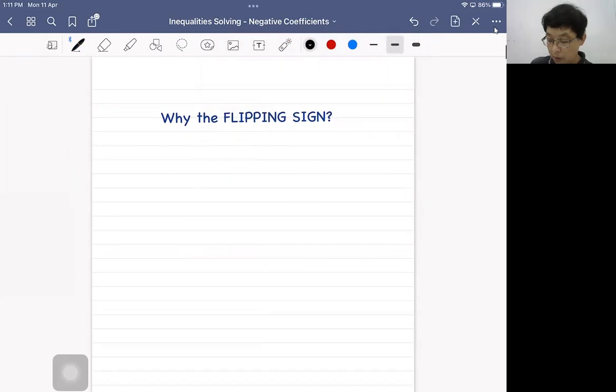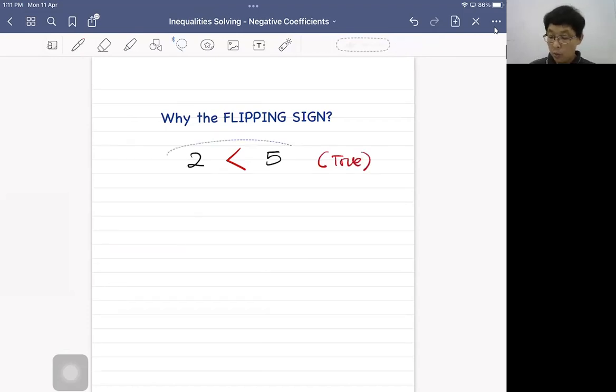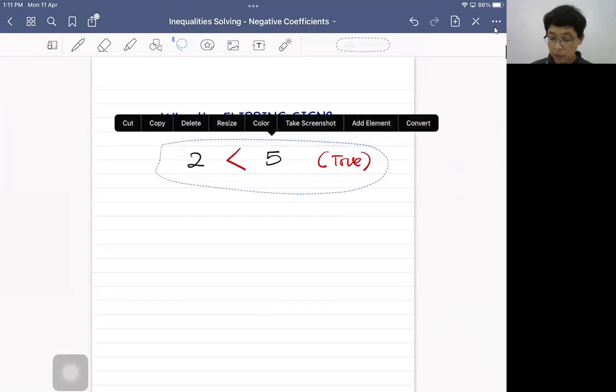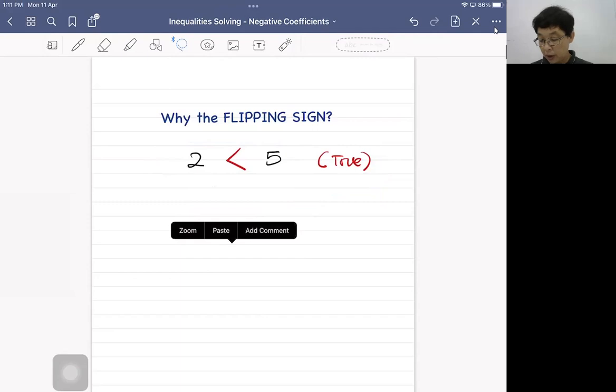Let's say we have a number 2 and a number 5. And all of us know that 2 is lesser than 5. No issue about that. And we know that this is true. Okay, let's see what happened if we were to do something with some negative sign.